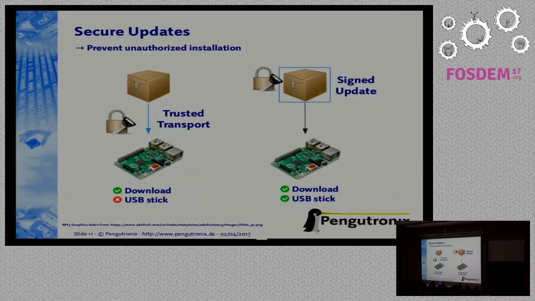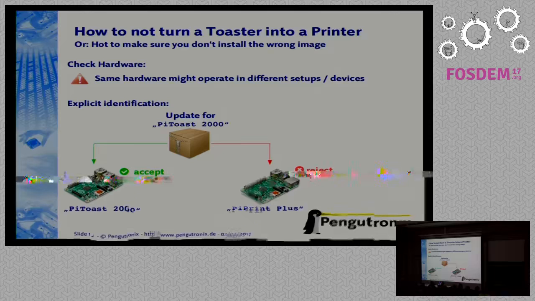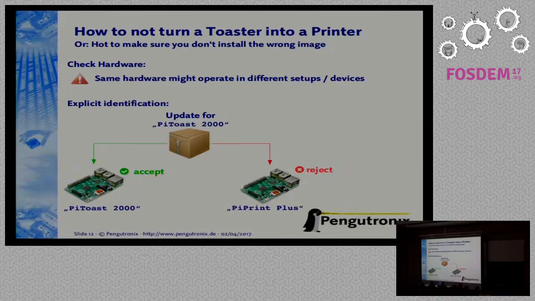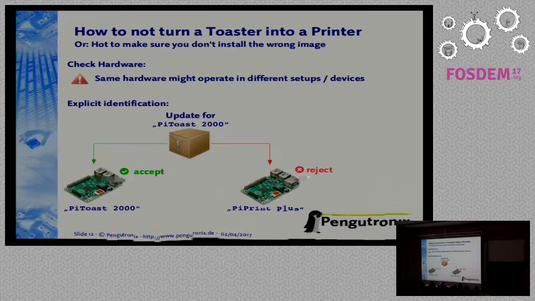And another thing is that you also don't want to unattendedly update a device with the wrong software, for example. You don't want to turn your toaster into a printer by an update. And one could think, okay, I just check the hardware if it's the right hardware I write to, but this will not work in all cases.